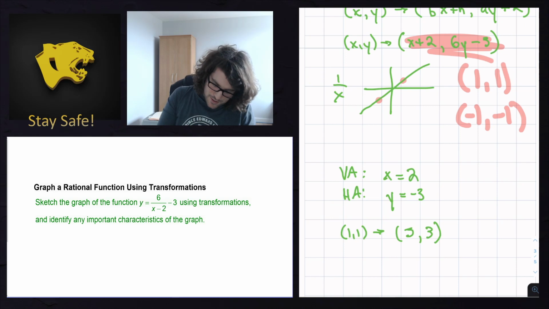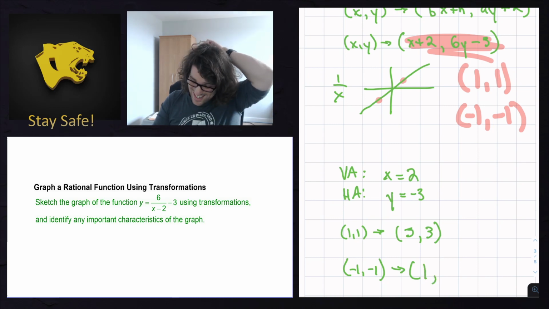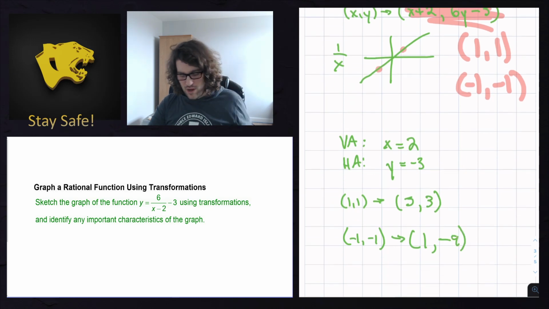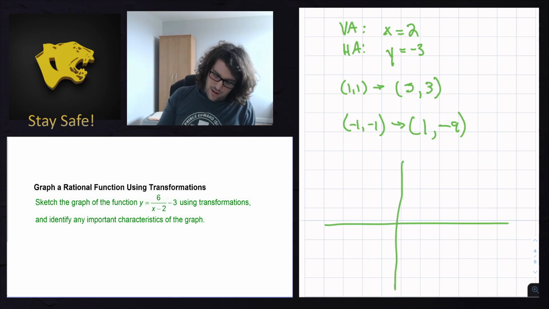Now, I am also going to have a -1 point, and this is going to map onto -1 plus 2 is 1, and then -1 times 6 is -6 minus 3 is -9. So I would be able to place those down and get an idea of where that would go.